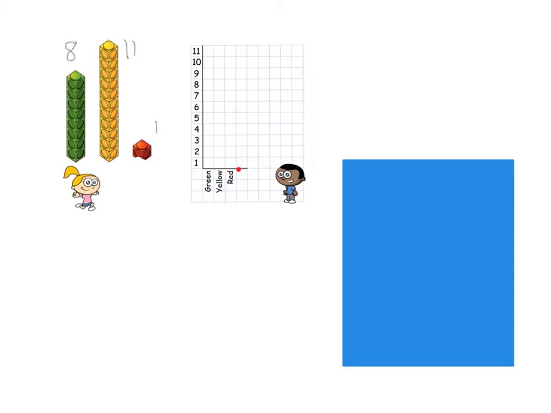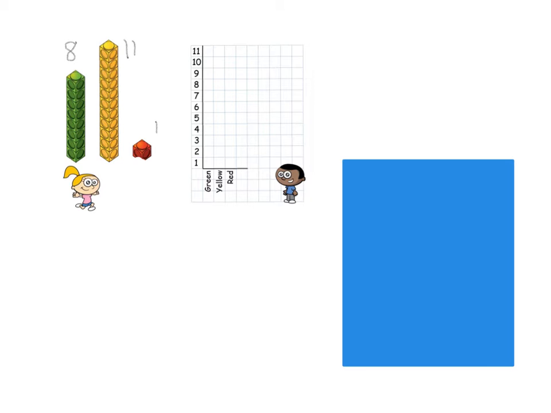When it comes time for you to draw your own block diagrams, you will need to use a ruler to help you get nice straight lines. These 2 lines, the one going up the side and the one going across, are called the axes.